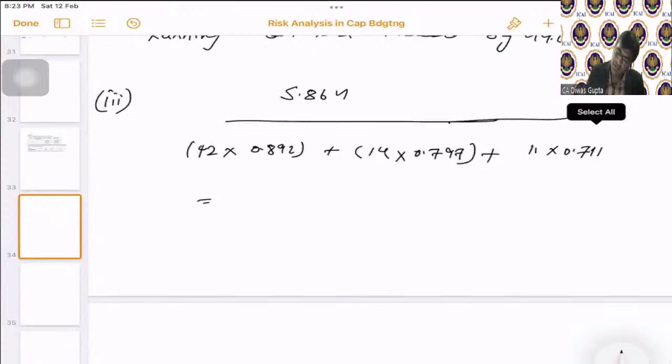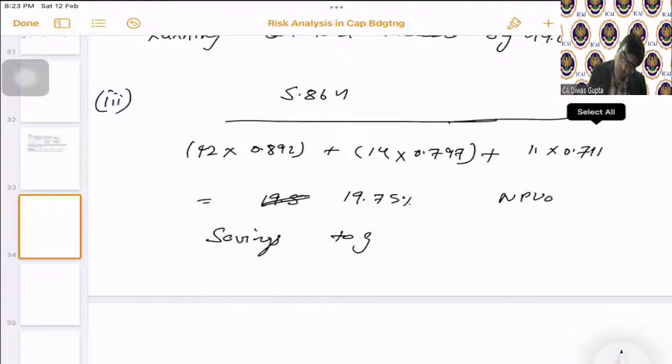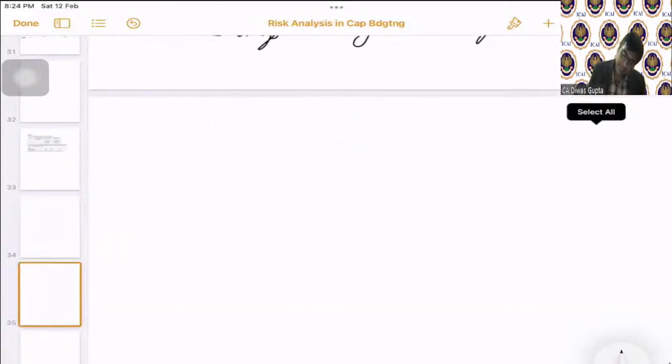If we solve this, the denominator tells you the present value of all the savings, right? So that means the savings has to go down, students, to make NPV 0. So savings to go down by 19.75%.